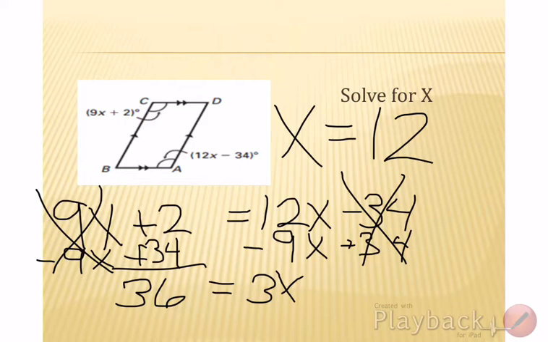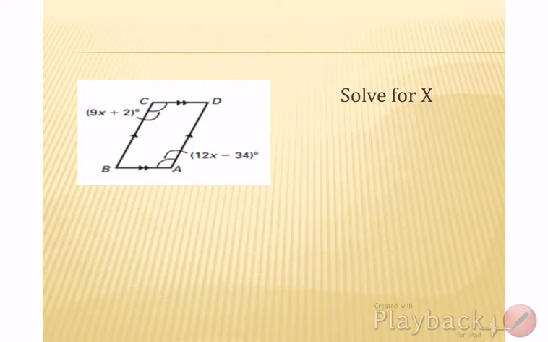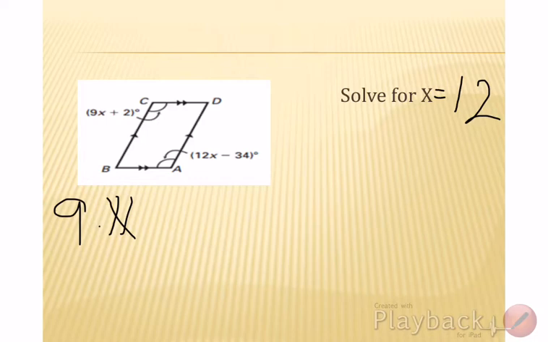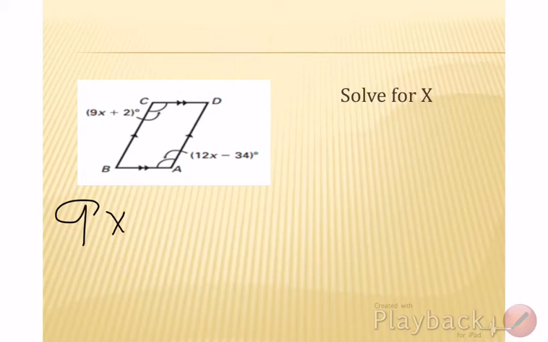Right? Now I'm going to clean this up, and I'm going to solve for the actual angle. I want to put this x to use. x was 12. So 9 times 12. 9 times 12 is 108.